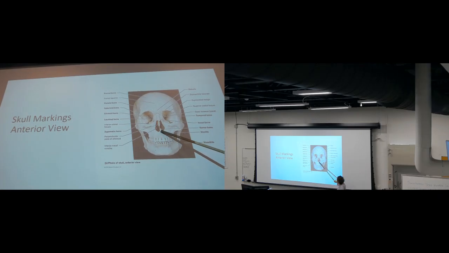And below the perpendicular plate of the ethmoid, we have the vomer. So both the vomer and the ethmoid divide our nasal cavity, or the cavity of the nose, into left and right.